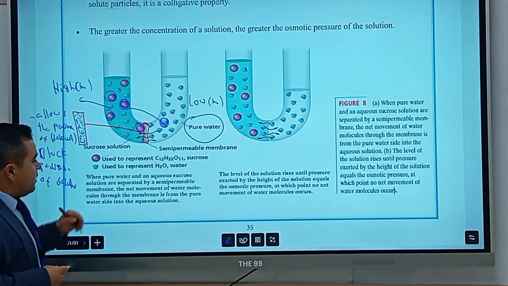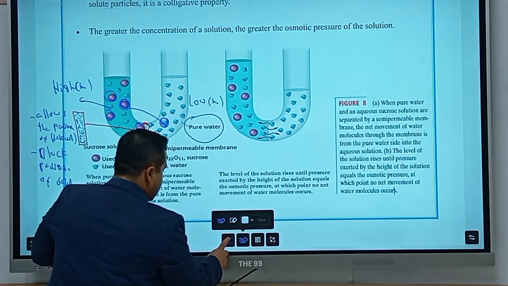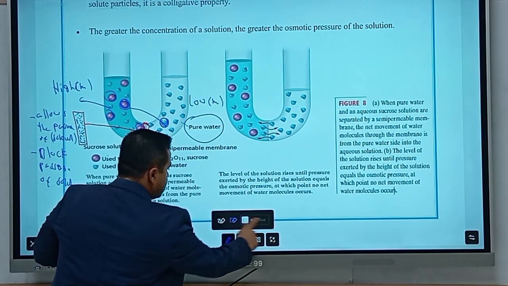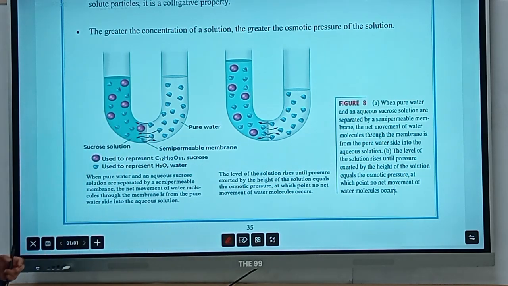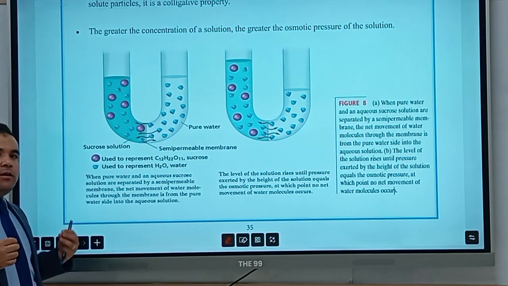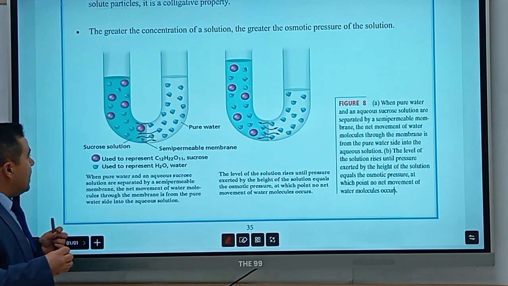Part A of this figure, guys, is before the osmosis. So let us talk about how the osmosis happens and what can be applied to stop the osmosis.